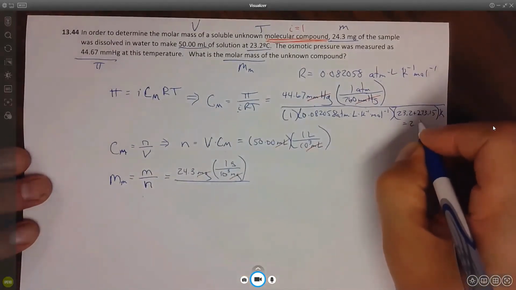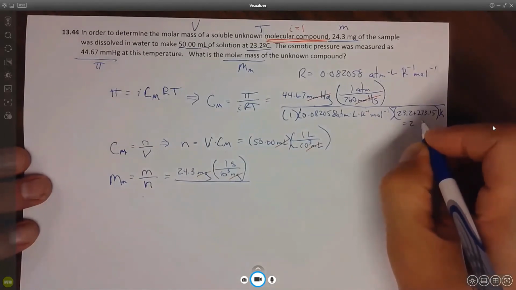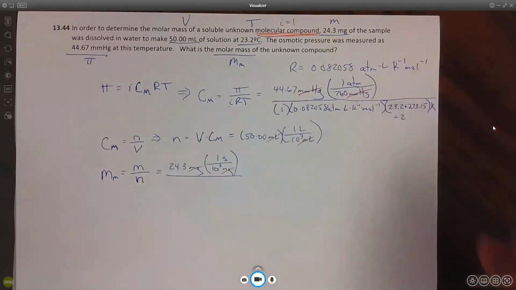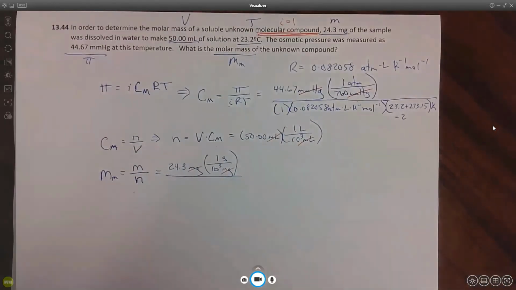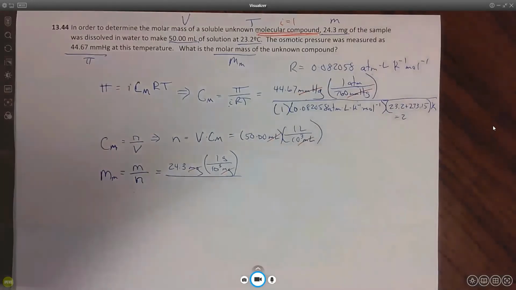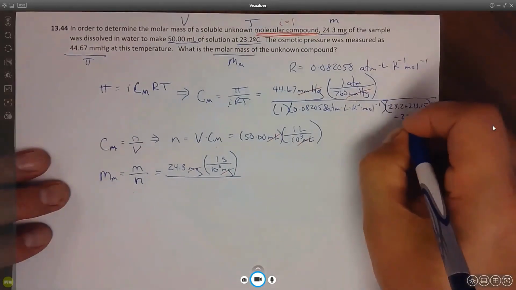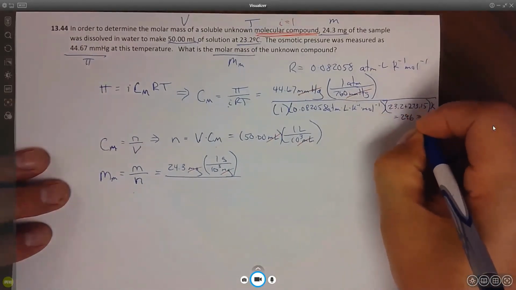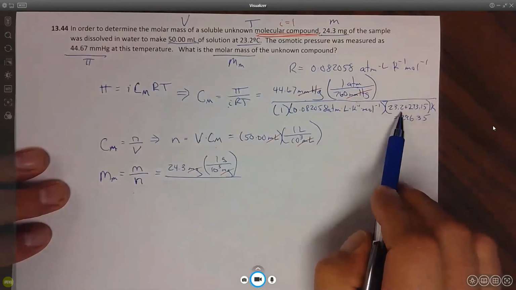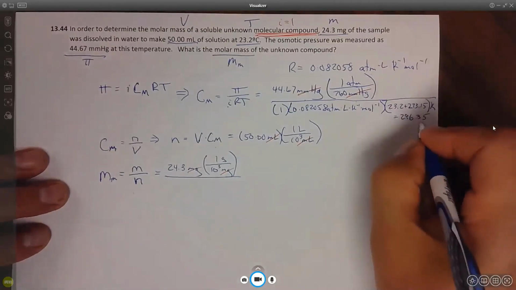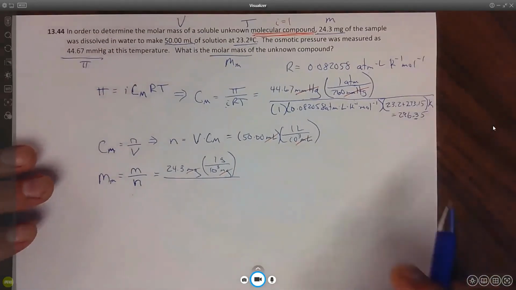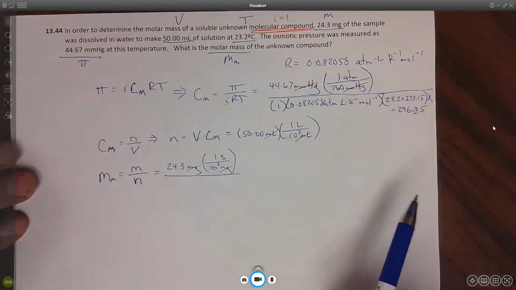I'm sorry, no. Okay, the solutions manual is wrong. So 296.35. And this is 1 past, so now we've gone up to 4 sig figs there.